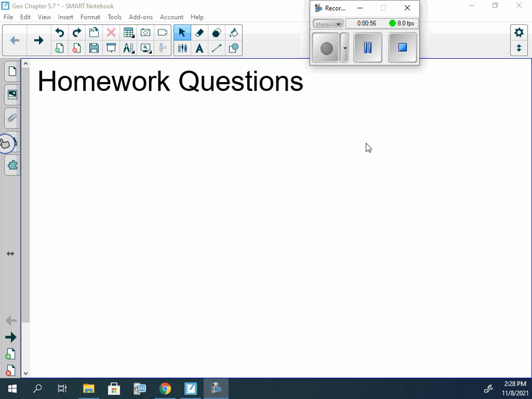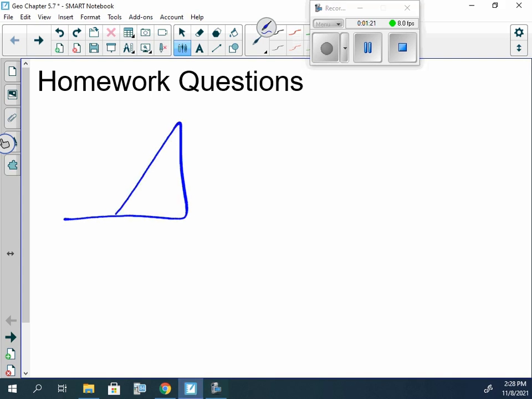I don't get how to do that. 17, 18. I'll look at 18. So we're going to look at problem number 18 from 5.1. Or 17 from 5.1. So we have a triangle here.